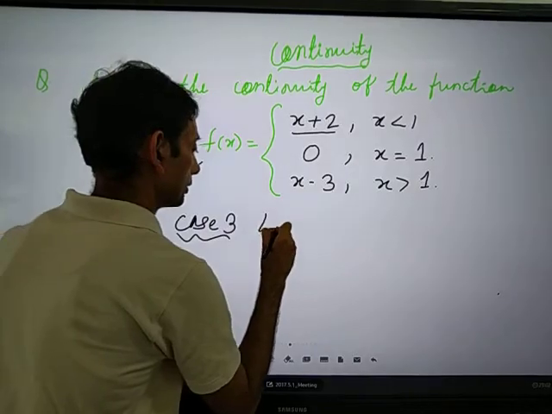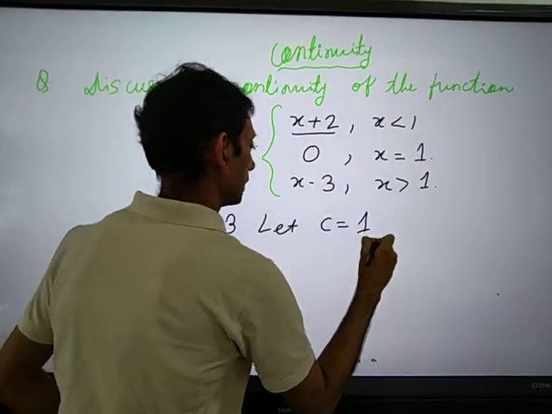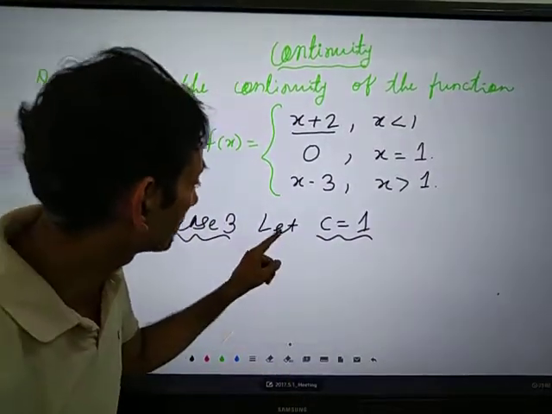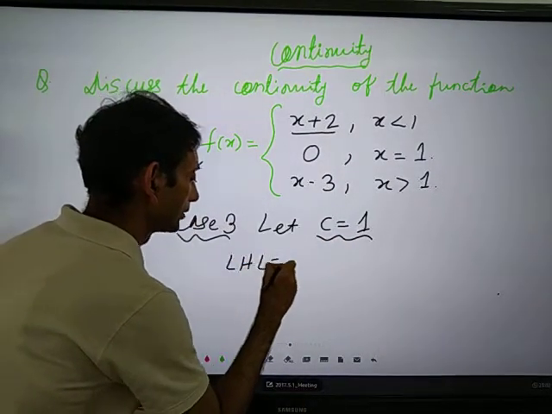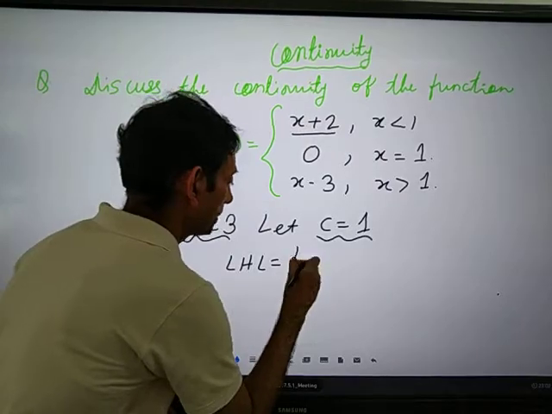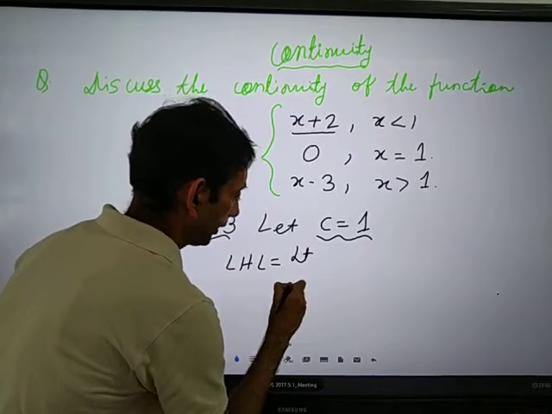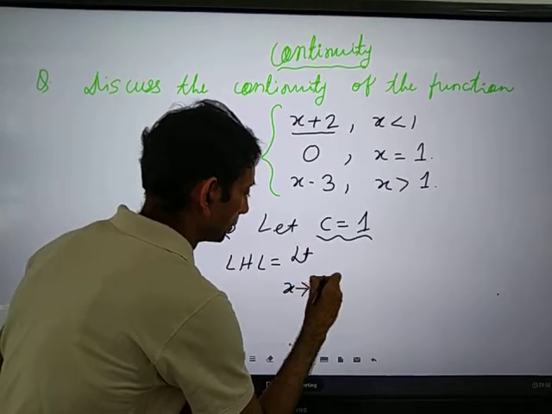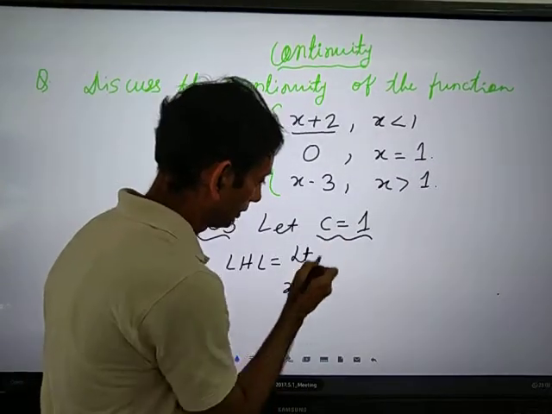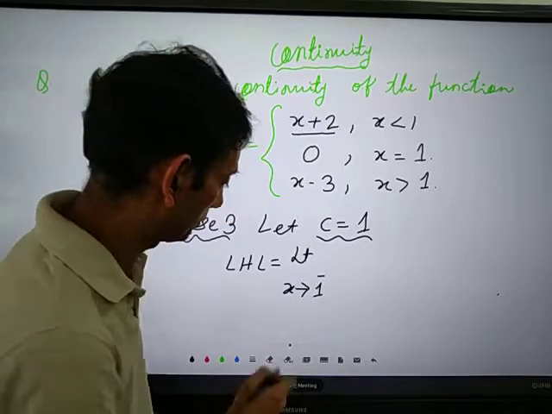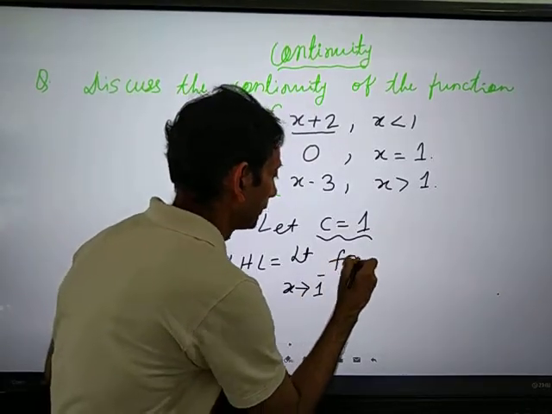Let c equal 1. Since we are assuming c equal to 1, we need to calculate the left-hand limit and right-hand limit separately. So limit x approaches 1 minus, because in place of c we have taken 1, of f(x).